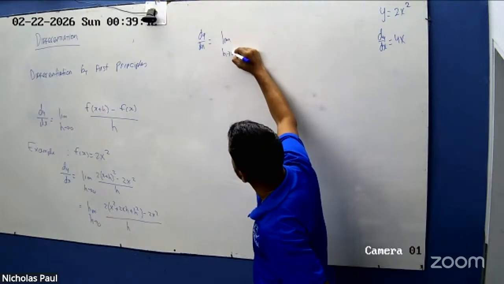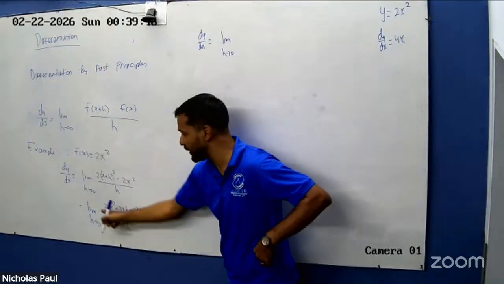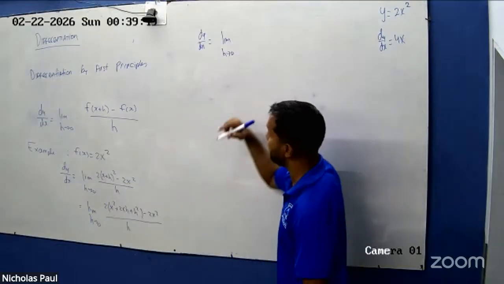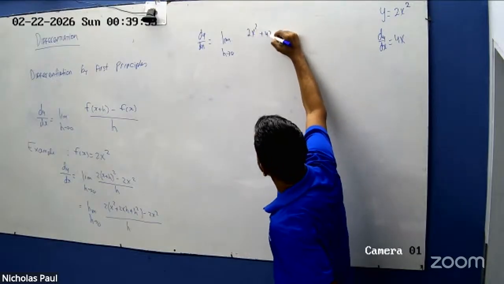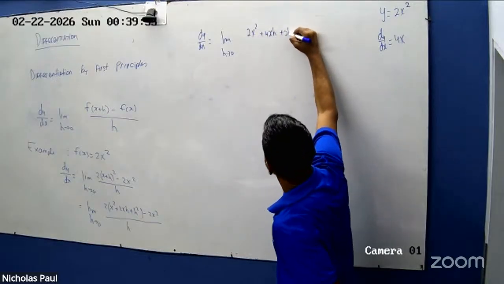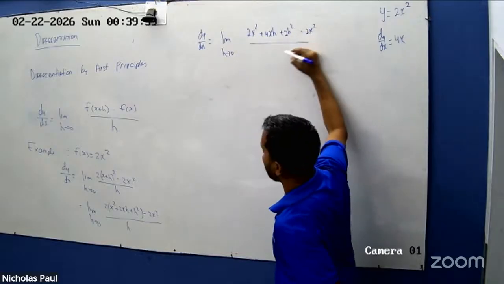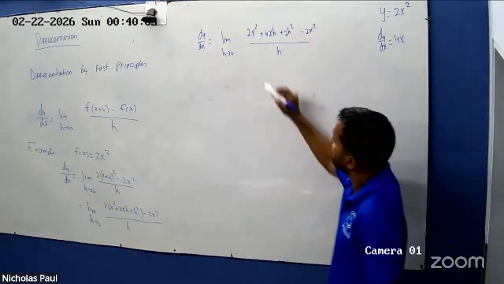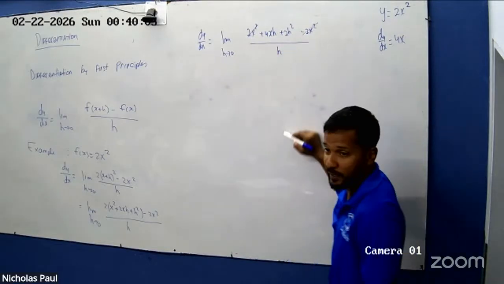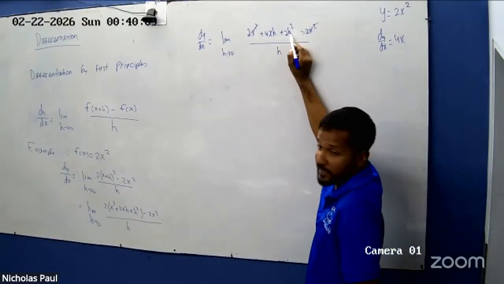Please don't leave out these things. It's a limit question, so you can't just simplify it and leave this out. You have to leave the limit there all the time. You'll end up with 2x squared plus 4xh plus 2h squared minus 2x squared all over h. What normally happens if you do this properly? The x squares normally cancel off, and then we can simplify the h's easily.